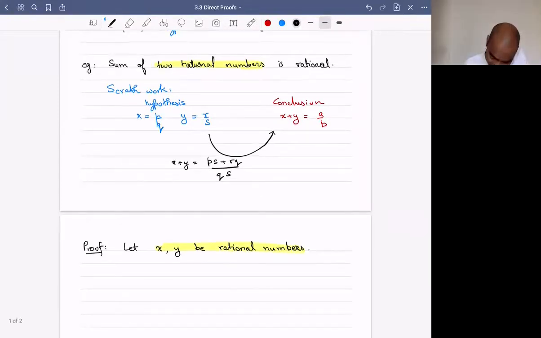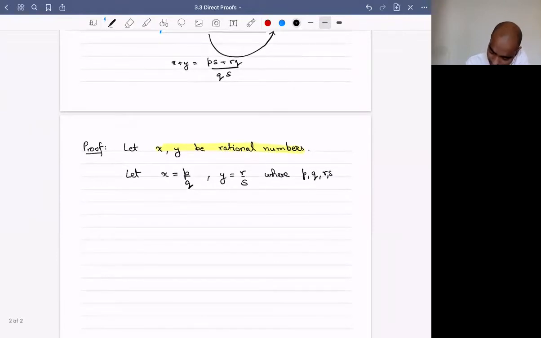So this will change into x equals p over q, y equals r over s, where p, q, r, s are integers, and q is non-zero, and s is non-zero.